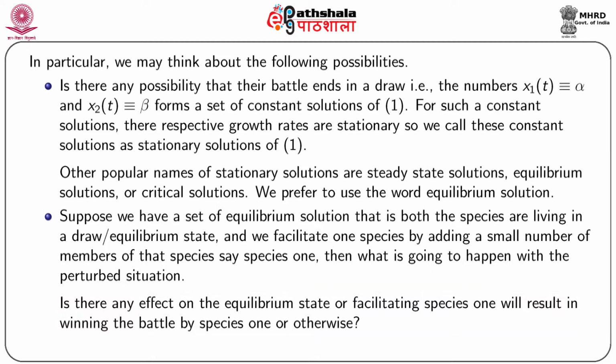What we will be looking at is not the exact solution of x1 and x2, but what kind of behavior both the species are showing. That is, it may happen that both the species are coexisting, or it may happen that one species dominates over the other and the other species dies out. We are going to look into this kind of qualitative behavior in this module.